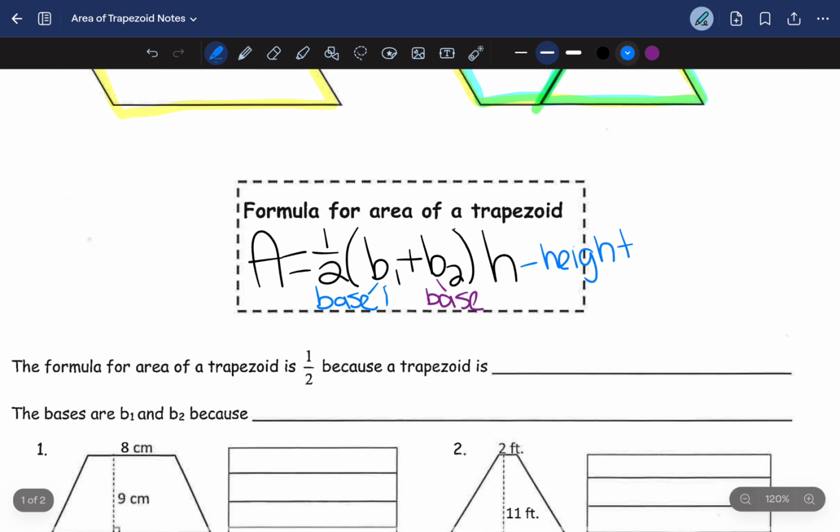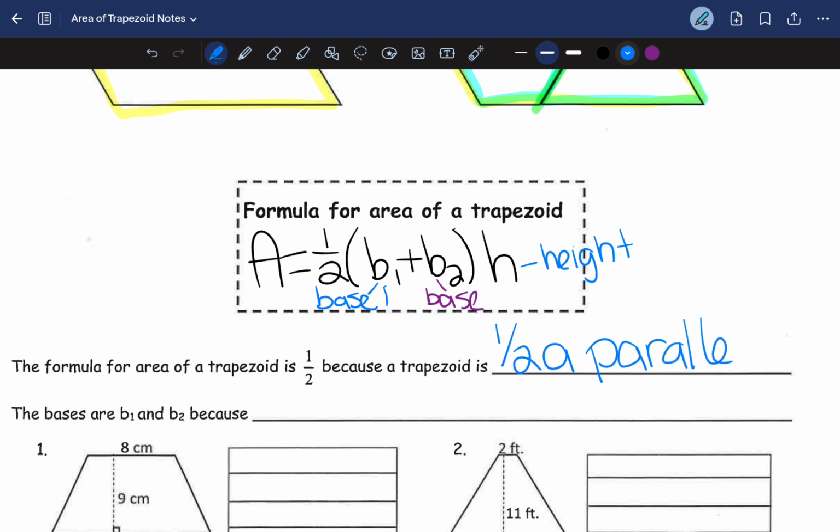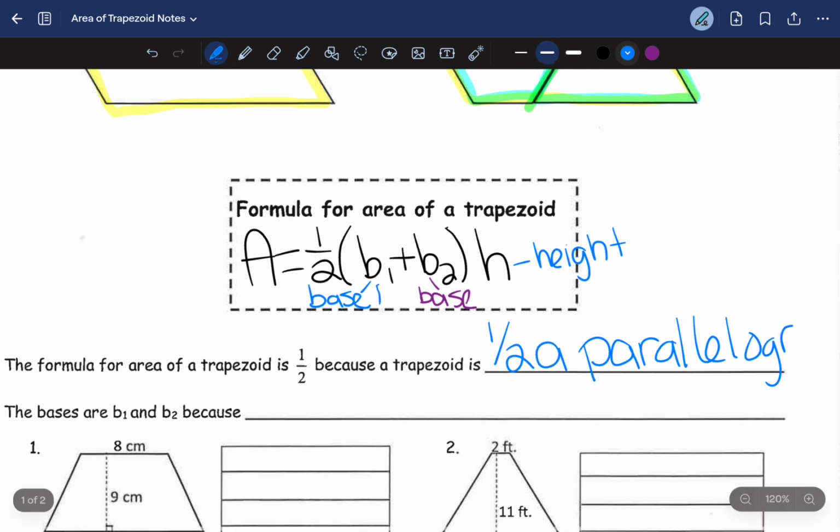The formula for area of a trapezoid has 1/2 because a trapezoid is half a parallelogram. And that's true based off of what we just saw in the picture up above.